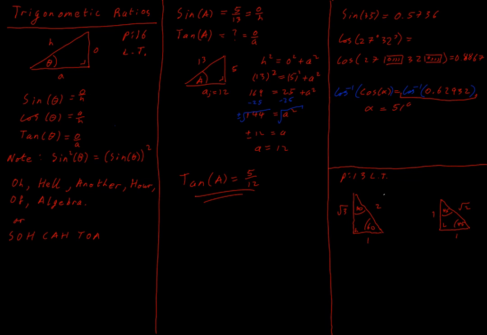The final thing to point out is on page 13 in your log tables, there are some special angles, 30, 60, and 45, as well as 90 and 180, that are going to be important for certain ratios that you're going to work with in certain types of problems.